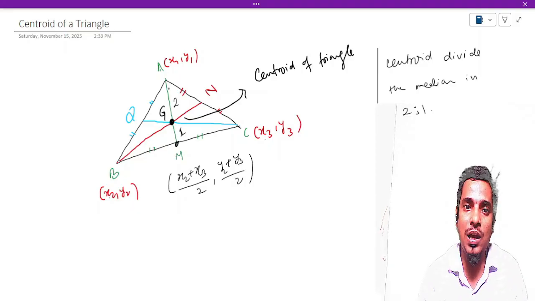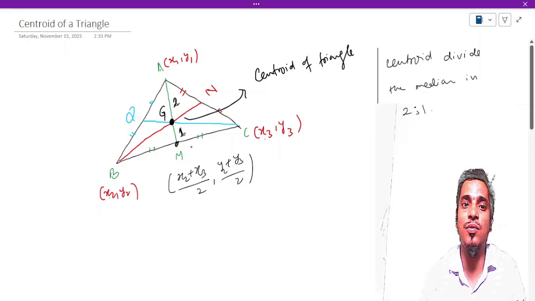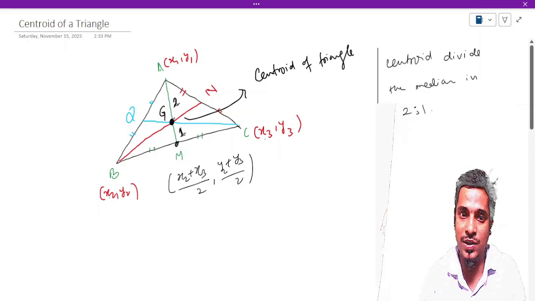Now, with the help of the coordinate of A, the coordinate of M, and the ratio 2:1, we can find the coordinate of G using the section formula.